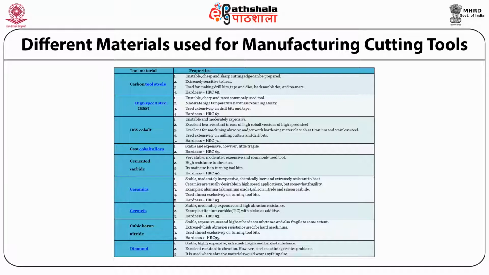Next is cast cobalt alloys, which are stable but they are expensive, however a little fragile. Next is cemented carbide, which are very stable and they are highly resistant to abrasion. Next is ceramics.